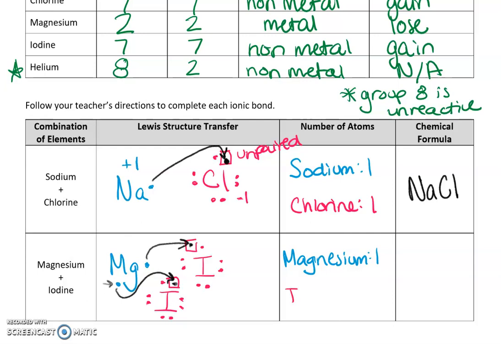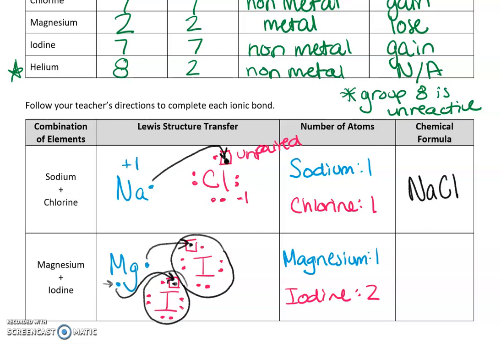And for our iodine atom, our nonmetal, we have two elements, okay? And the reason I'm adding two is because we have one Lewis dot structure of iodine here. We have another Lewis dot structure of iodine here, representing that we have two iodine atoms. So our chemical formula has a little bit more to it in this one, representing both of those atoms.